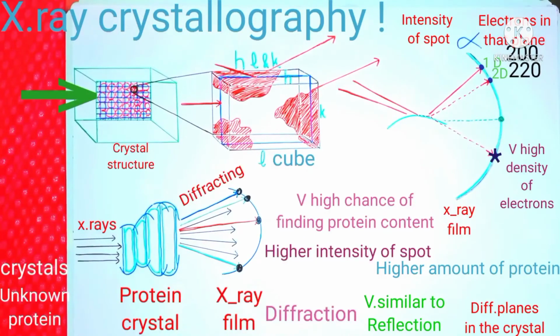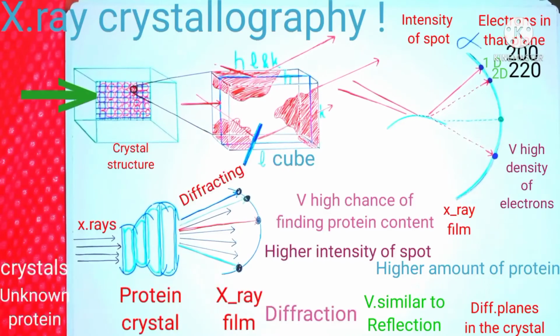Now if I put a plane like this and it gives a very faint spot, it tells us there is less chance of finding a protein component there.